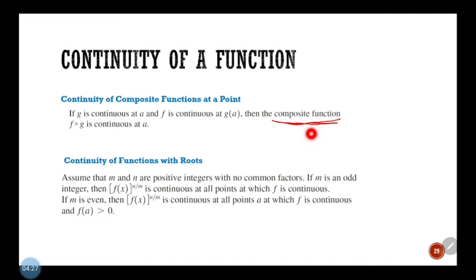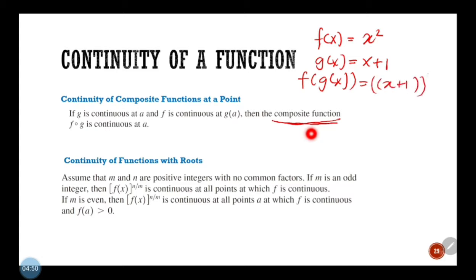Okay, remember this function? Katakanlah given to you f(x) is equal to x square, and then g(x) is equal to x plus 1. Okay, so if we say f(g(x)), then will become apa? Dekat x square ni kita akan ganti dengan x plus 1 everything square.